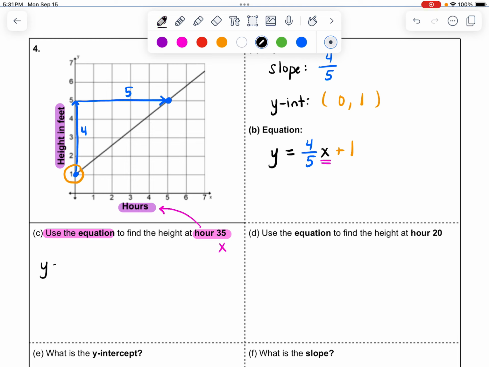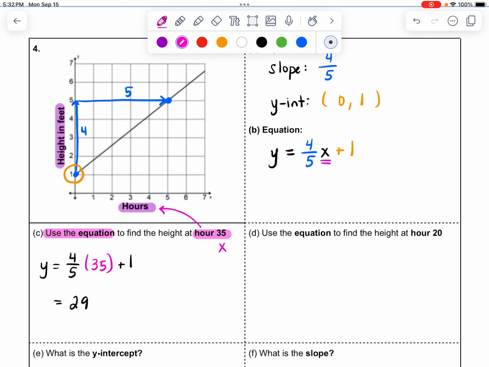I'm going to write y equals 4/5, and then instead of the x, I'm going to plug in the number 35, plus 1. Now, using my calculator, I'm going to type that in, and I'm going to get 29.